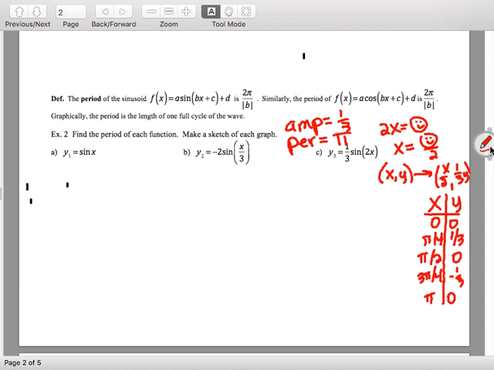You just get pi. So you want to take time and look at your table. This one worked out pretty nicely. In terms of my values, so I had 0, 0. This is pi over 4 went up to 1/3. So this is what we call a vertical shrink.